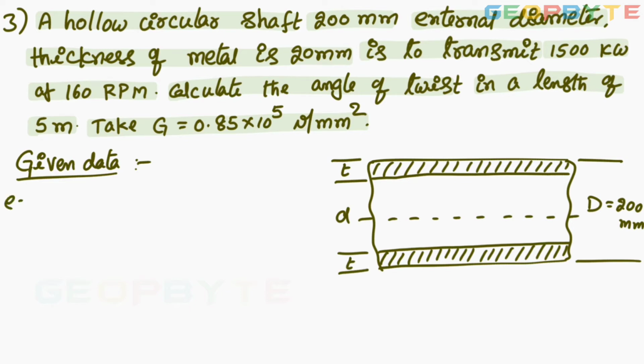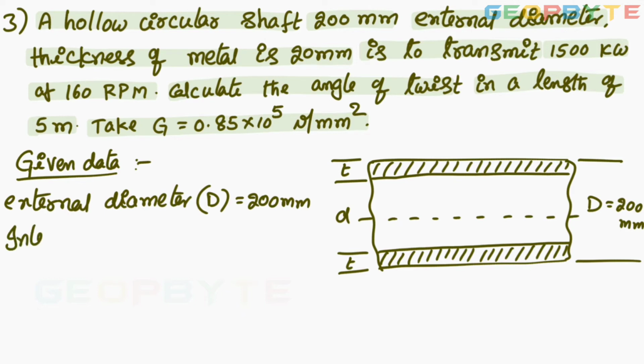Then external diameter, capital D, equal to how much it is given, 200 mm. Okay, thickness is 20 mm. Then internal diameter, small d, equal to outer diameter minus 2 times the thickness.